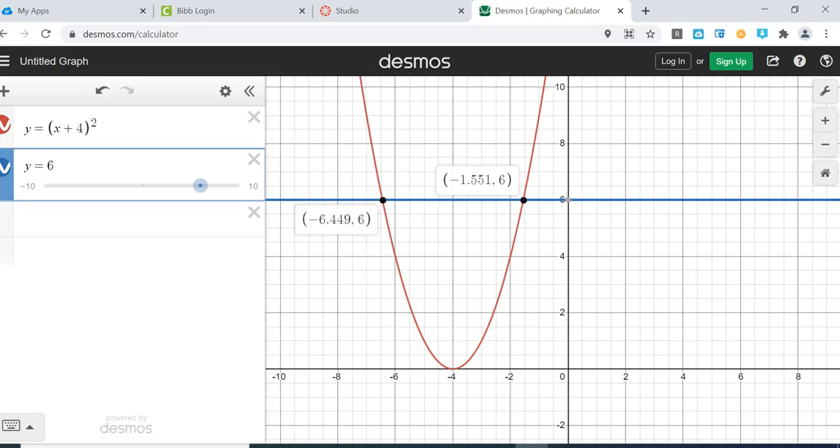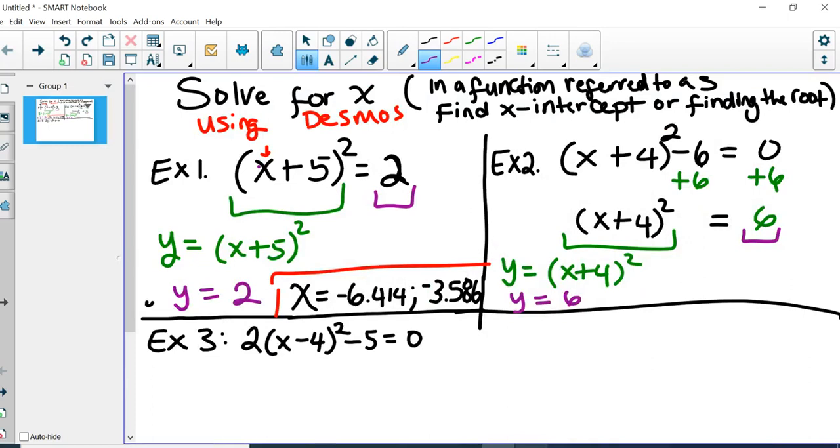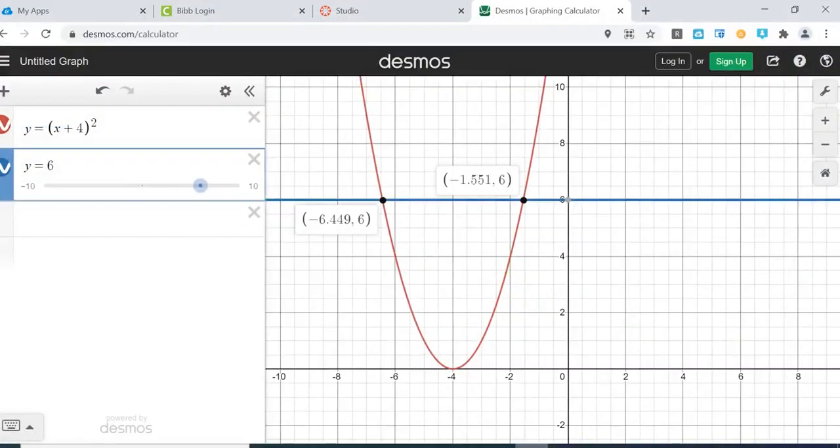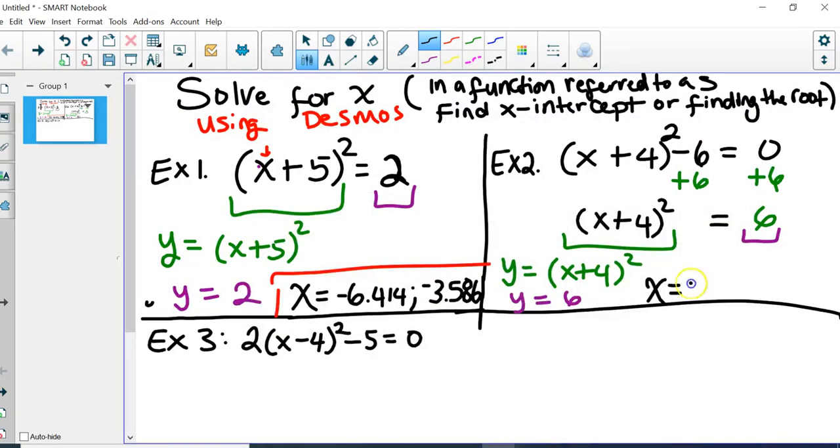My roots will be negative 6.449 and negative 1.551. So solving for x, x = -6.449 and -1.551.